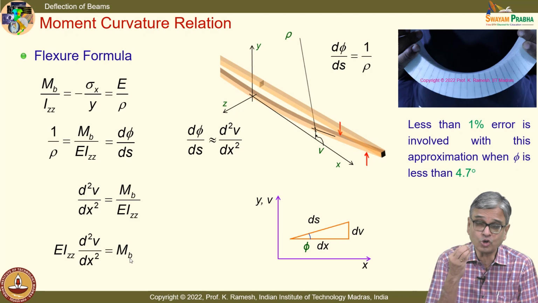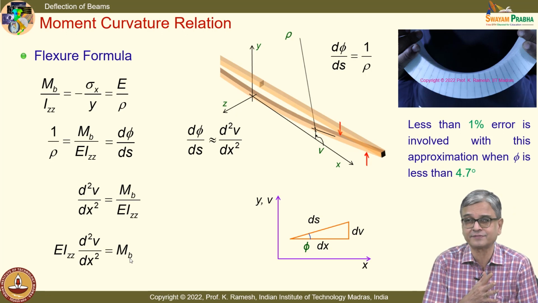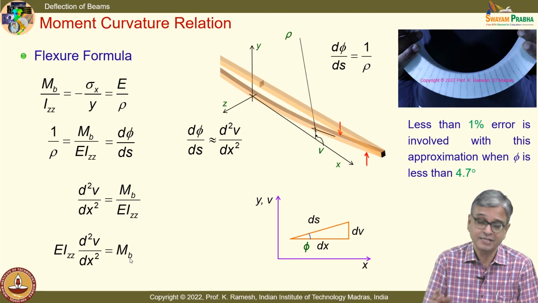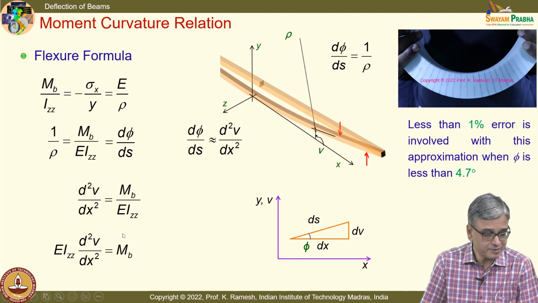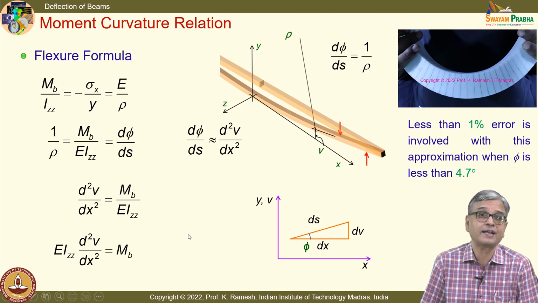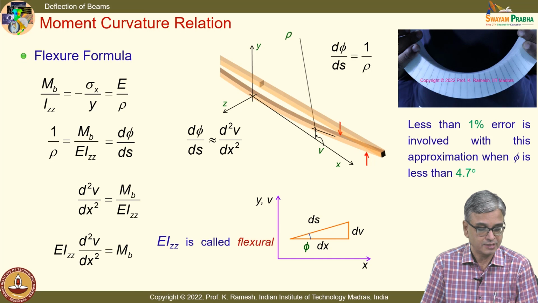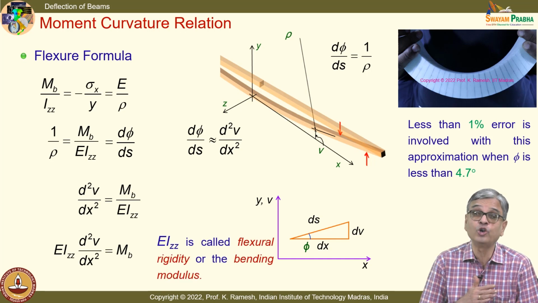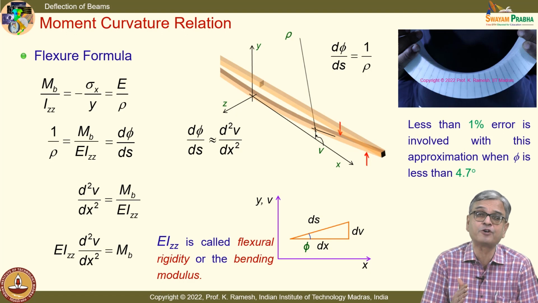Then I have to consciously bring in the shear effect, which we need special methods to handle. And this is a very famous expression, moment curvature. So when we apply it for practical problems, it is only an approximation. It ignores the effect of shear deformation of the beams.